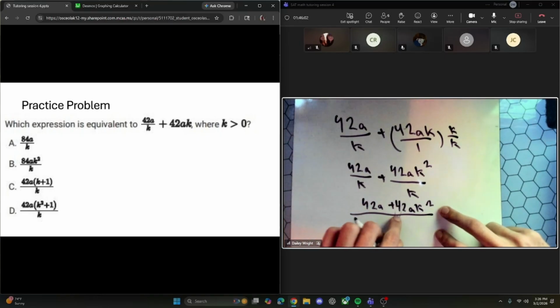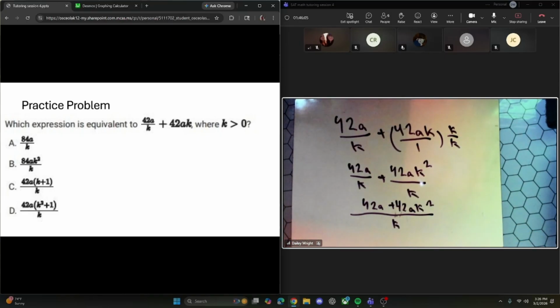Now I'm going to look back at my answer choices now that I made it one big fraction. A, it does not look the same at all. B, it does not look the same at all. You cannot combine a and ak squared. C could be it, they take out a GCF, and D could be it, they take out a GCF.